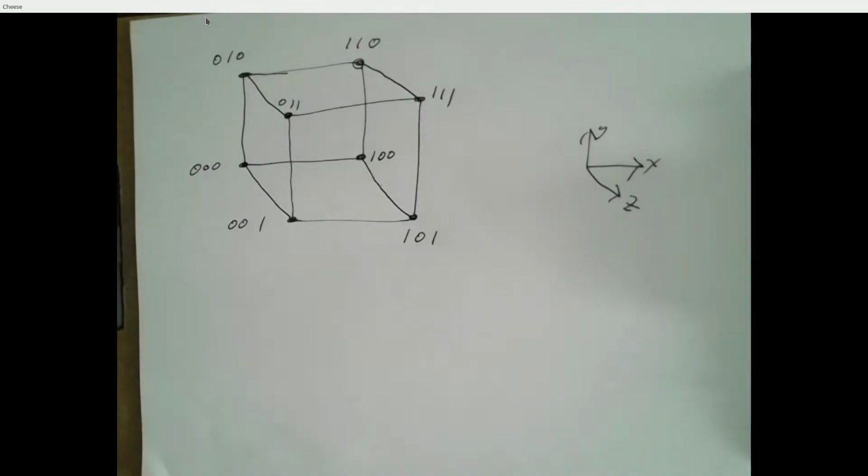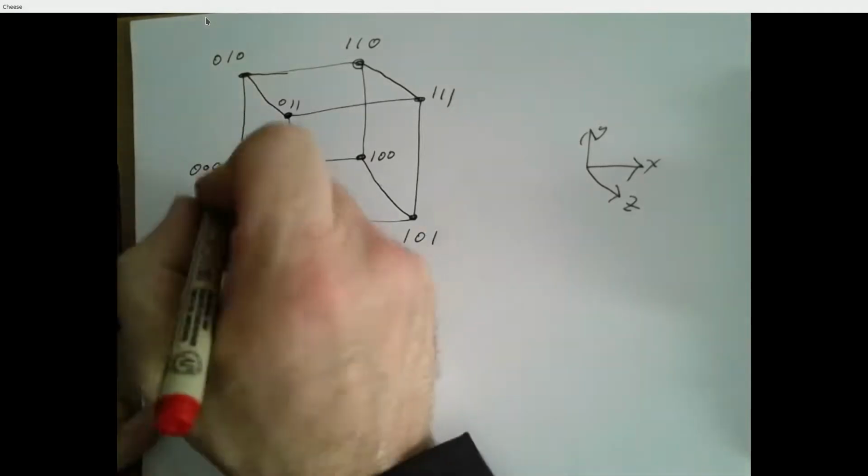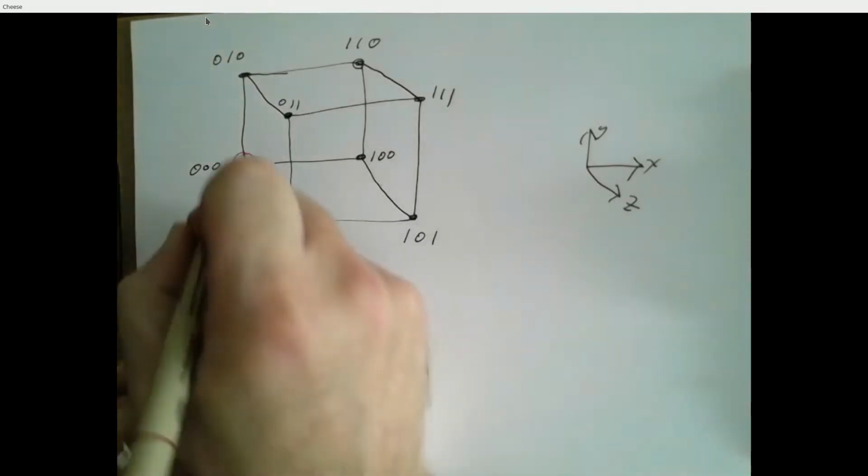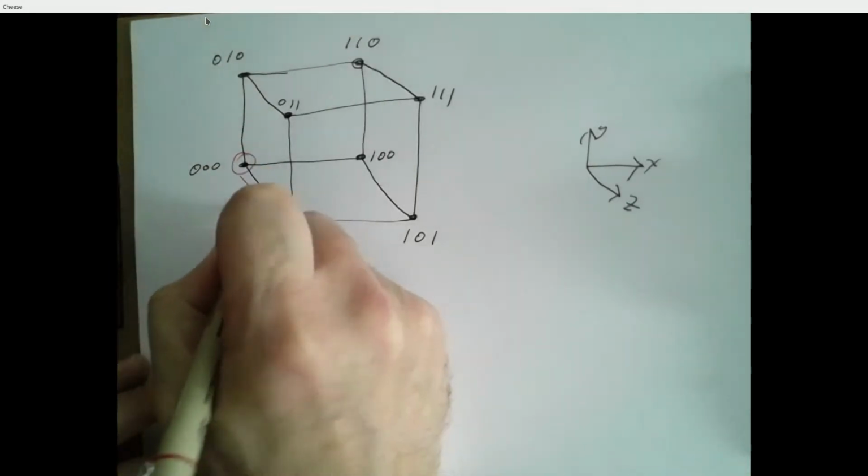And that's a good right-handed coordinate system. And I'd like to find a Hamilton path through this graph, starting with 0, 0, 0. And that's not too hard to do.